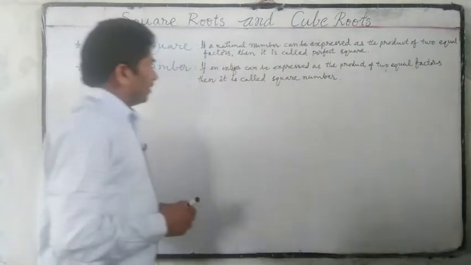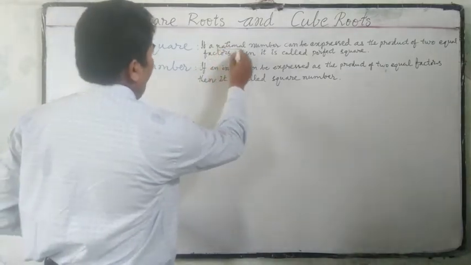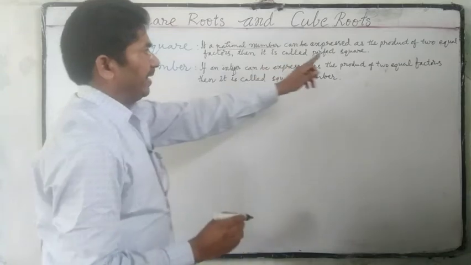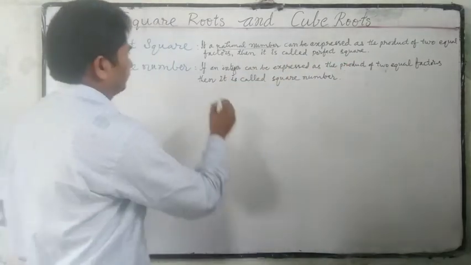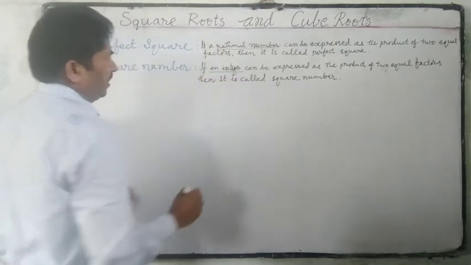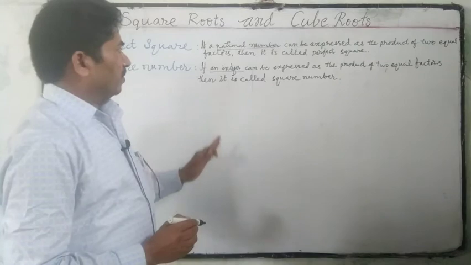You may observe clearly, a rational number can be expressed as the product of two equal factors. Here, an integer can be expressed as the product of two equal factors.